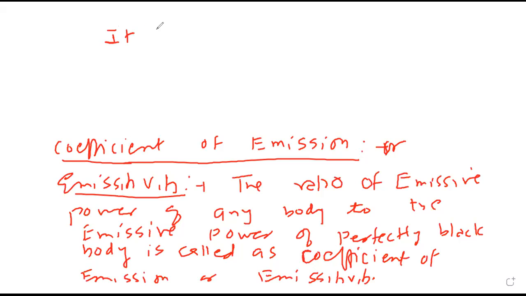It is given by small e equals to E upon E. So emissive power of any body to that of black body is called as coefficient of emission or emissivity. Write this definition.